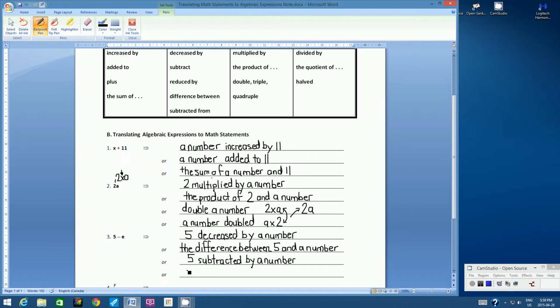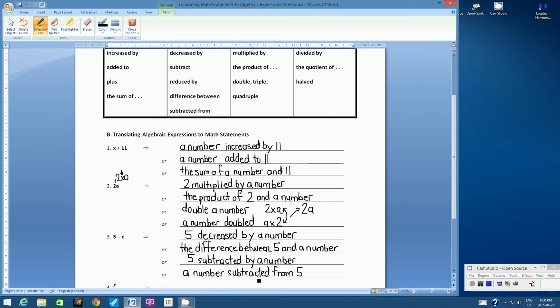So how about a number subtracted from 5? Okay?